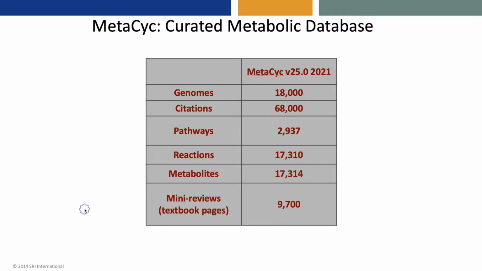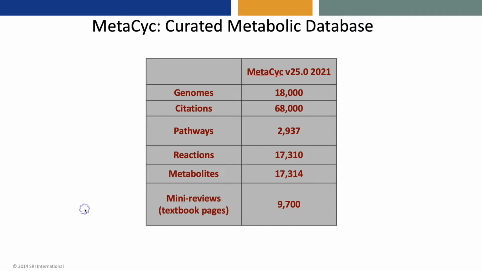Now, I've mentioned MetaCyc a number of times. Here's some statistics on MetaCyc. Actually, the first line is the number of genomes in our overall BioCyc database collection. MetaCyc is our reference pathway database in BioCyc. It contains curated pathways, reactions, and enzymes from thousands of organisms, but these are all experimentally determined pathways and reactions.